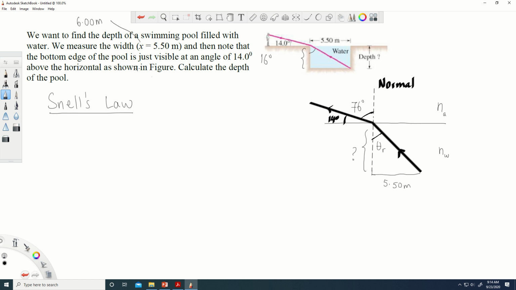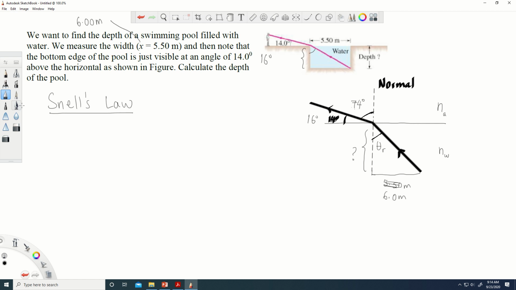If I use this as 16 degrees, then this would be 74. I will let you do the problem, but for this one I will use different numbers. So 16 degrees will give me 74 degrees, and this one I want to use 6 meters.